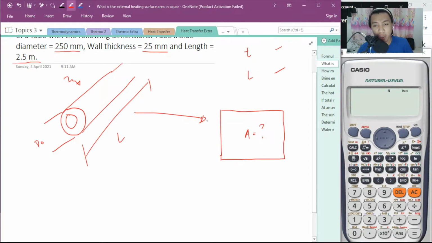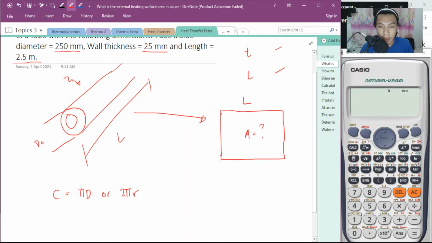So what is the area here? Now, if you are given the length, syempre, ito yung length. Hindi na magbabago yan. Now, yung bilog na yon, this is circumferential. Okay? This is circumferential. Ano ibig mo sabihin dun, sir? Di ba ang circumference of a circle is pi d or 2 pi r? Di ba?